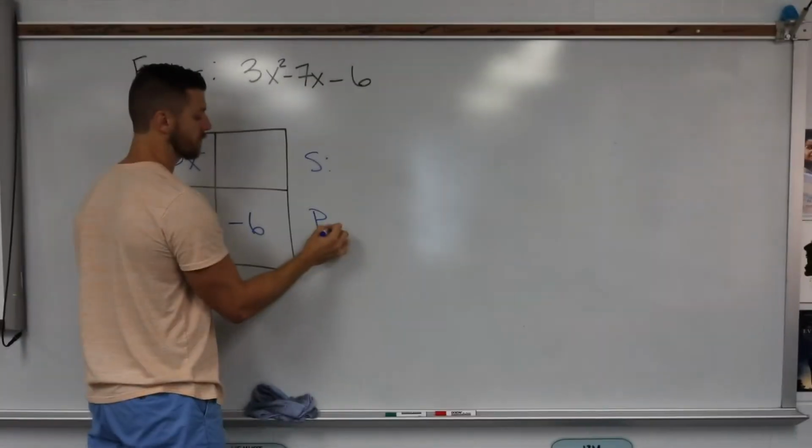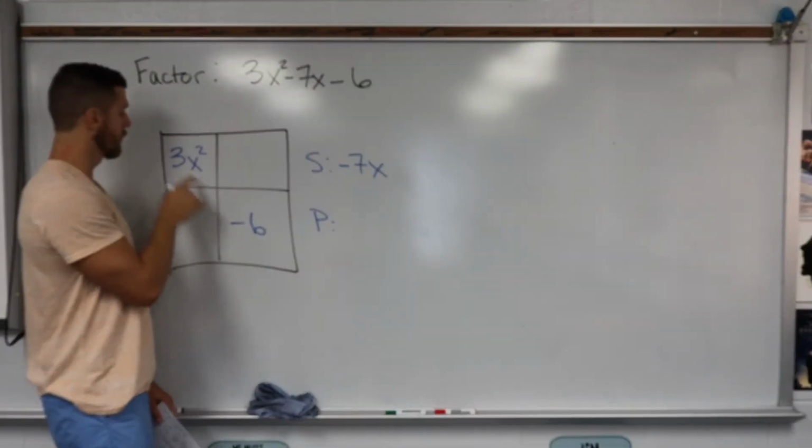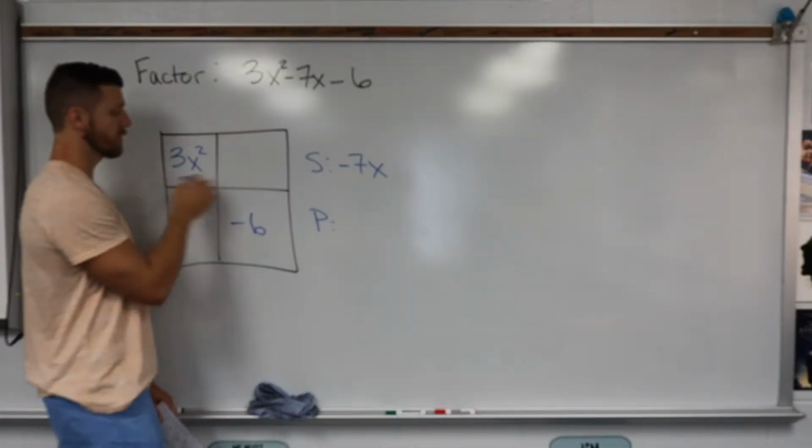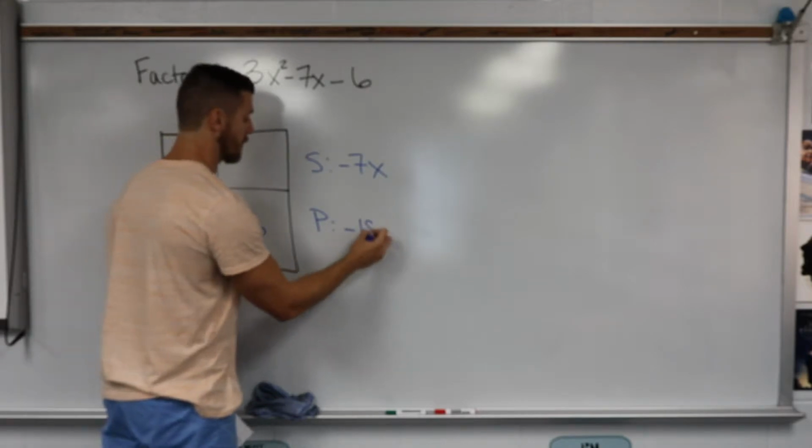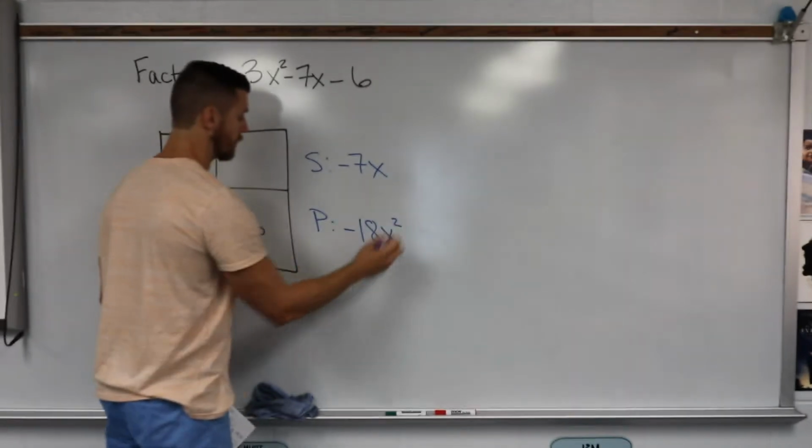And then we've got to look for a sum and a product. The sum always comes from the middle term, negative 7x. The product comes from the cross product between these two. So negative 6 times 3x squared, negative 18x squared. You've got to figure out what goes in these boxes.